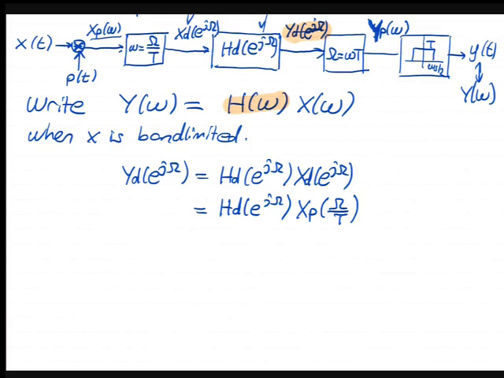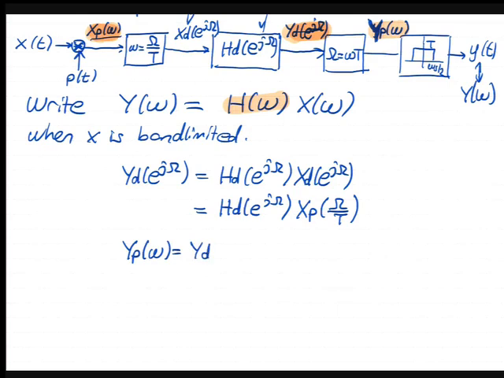Okay, so this is related to that. Okay, we have to go outwards to reach y from one end and x from the other end. All right, so now let's move to here. To go to Yp, what do I do? What is Yp of omega?